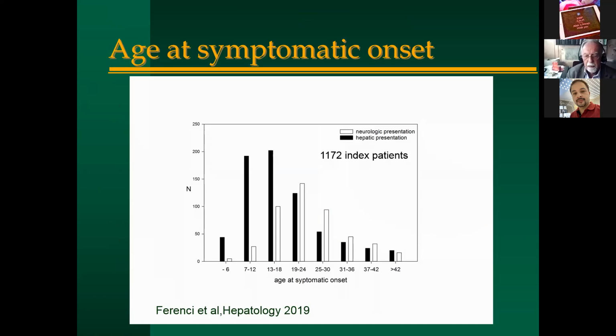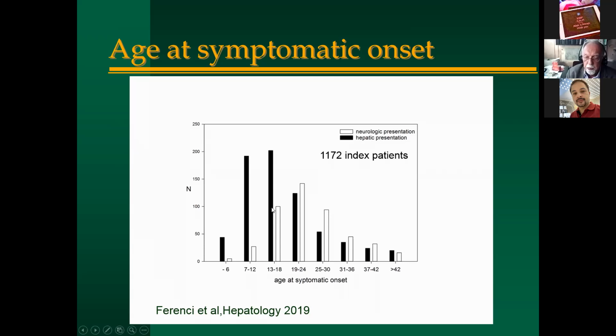You see here from a paper I published 2 years ago, the black bar shows you patients with hepatic presentation and the white bars, patients with neuropsychiatric presentation. And what you can see is that the age group below 12 is almost exclusively liver disease.